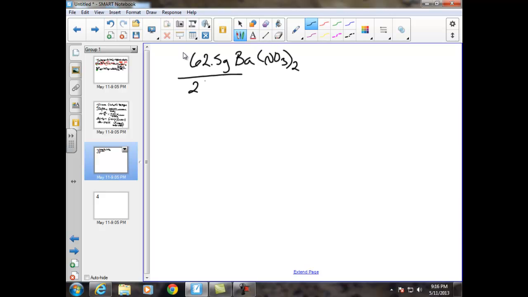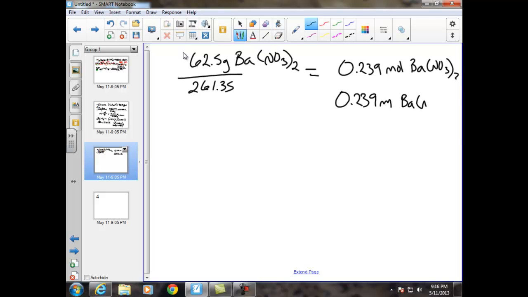And that gives me a grand total of 0.239 moles of barium nitrate. I know the molality because this is in 1 kilogram of water, so conveniently this is also a 0.239 molal solution of barium nitrate.